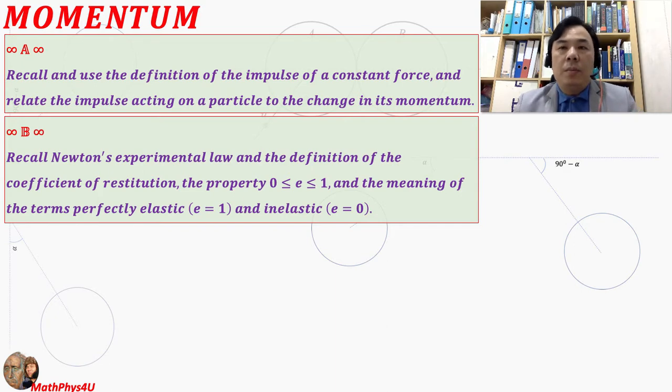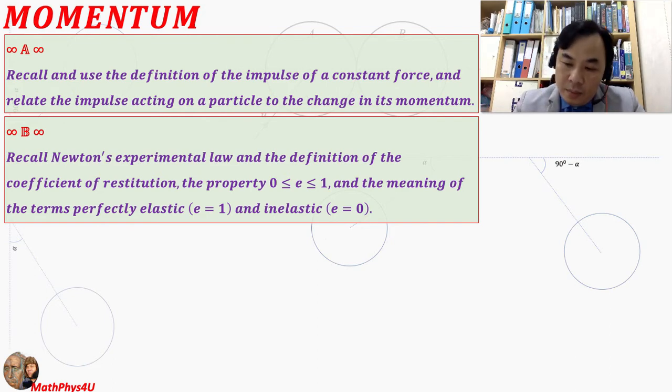And then what it means by coefficient of restitution, which usually has a domain lying between 0 and 1. All right. And then lastly, we will look at two special cases whereby the coefficient of restitution e equals 0 and e equals 1 represent the perfectly inelastic collision and the perfectly elastic collision.